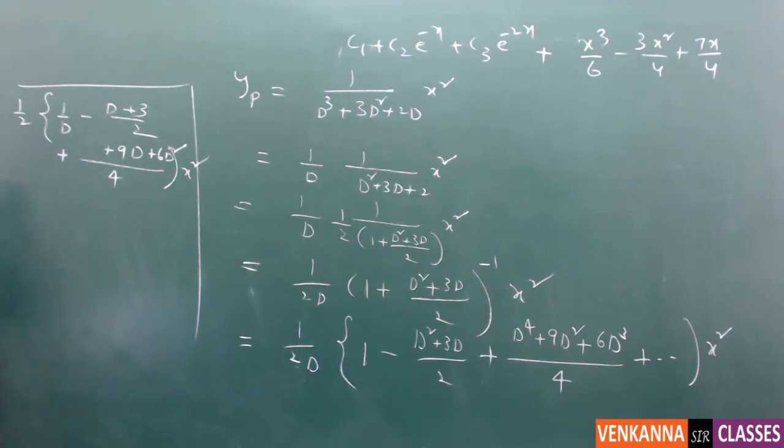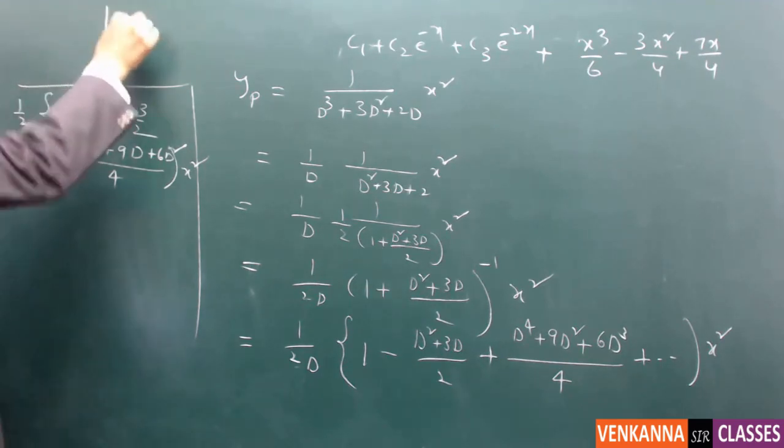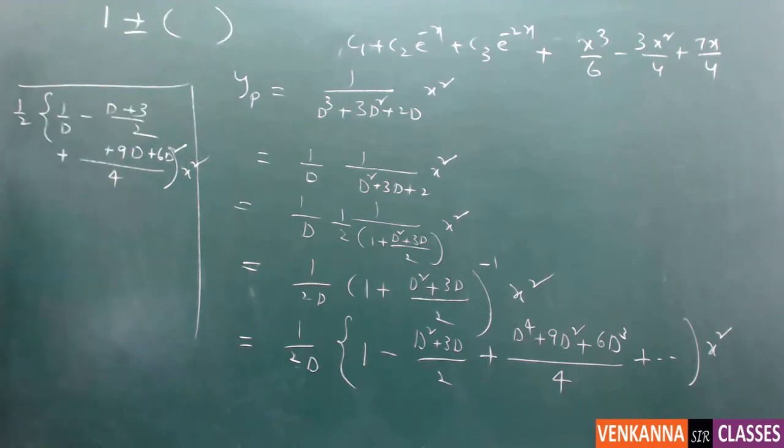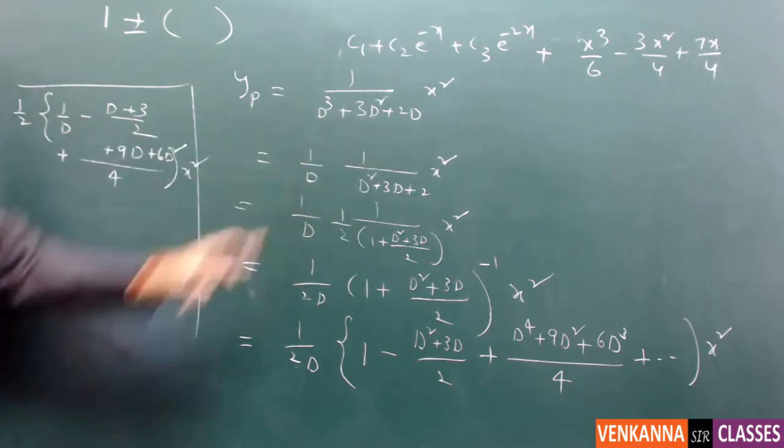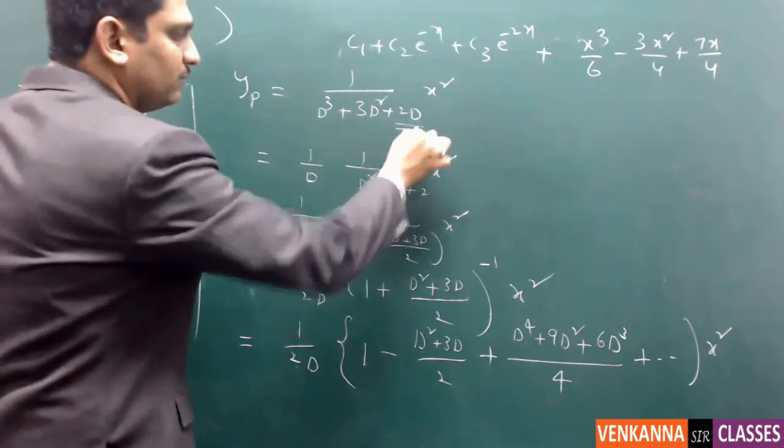Now what happens whenever x square, x cube, this kind of function is there on the right hand side, we are going to make use of the expansions. Those expansions must be of the form 1 plus or minus something in the denominator. So to have that, I have taken D as common so that the constant will be free.